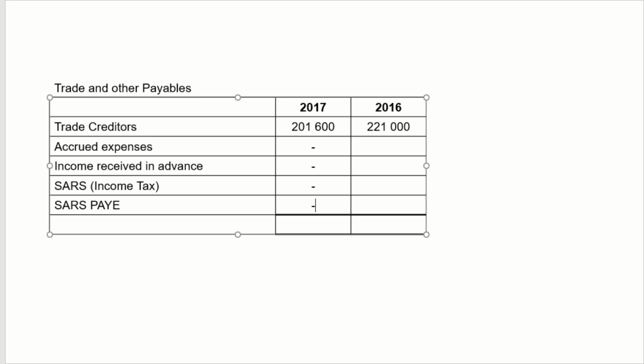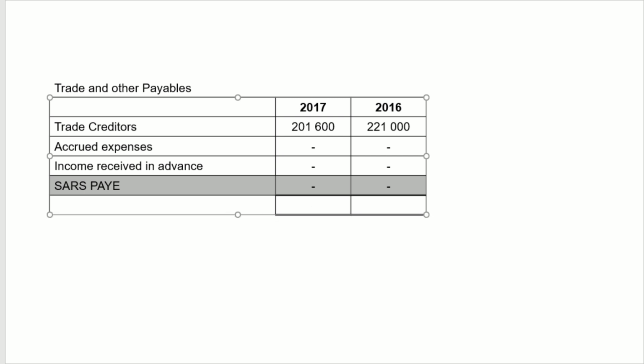Now bear in mind that in the trade and other receivables table, I said we do not include SARS income tax. That also applies to the trade and other payables. So we're going to delete the row of SARS income tax and be left with everything else.